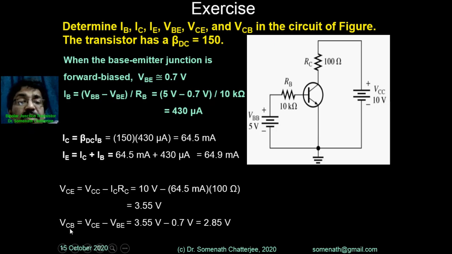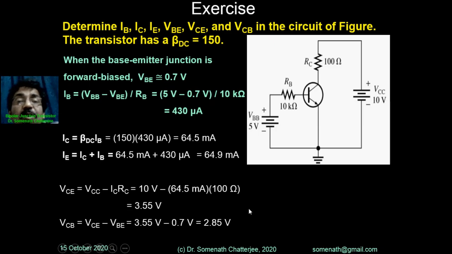If you know this, then VCB also you can find out, because I already showed you in the previous slide that this is the VBE, this one is the VCE, and this one is the VCB. So VBE plus VCB is equal to VCE, and from there we can find VCE.